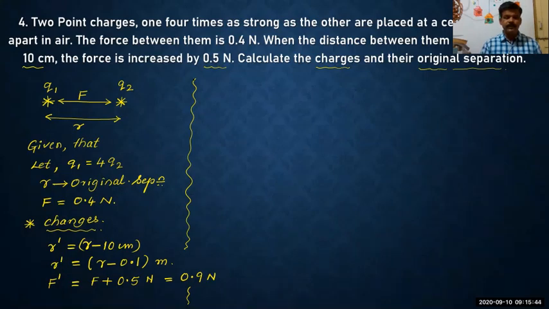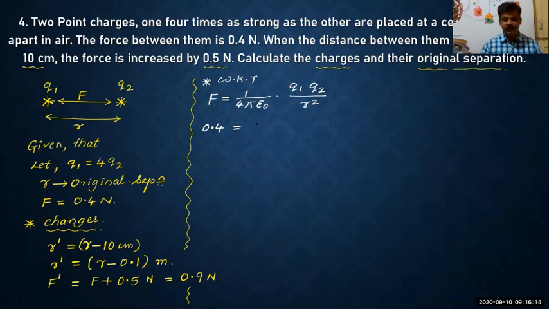Now let us consider the equation of force. We know that F is equal to 1 divided by 4 pi epsilon naught into Q1 Q2 divided by r square, right? So then what is F here? Already they have given in the first case, F is 0.4 Newton, that is equal to 1 by 4 pi epsilon naught. You can keep it as it is, or if you want, you can write its value, that is 9 into 10 raised to 9.